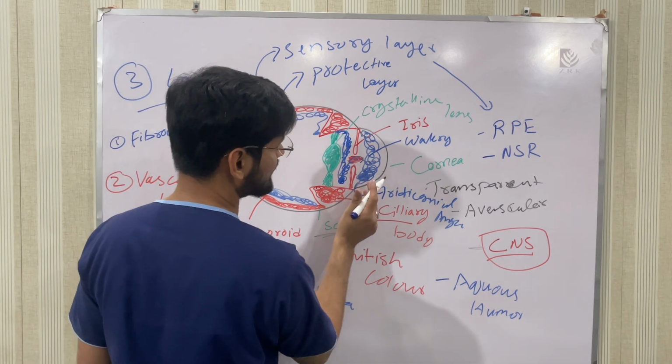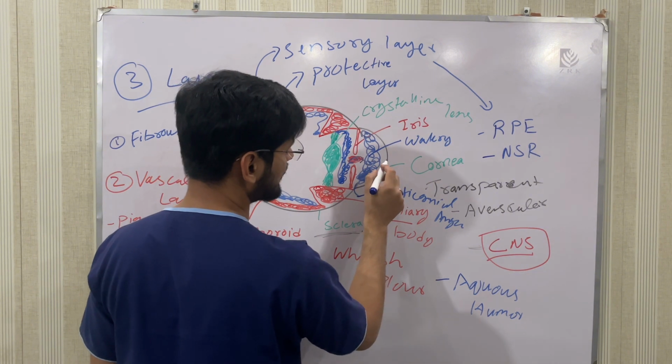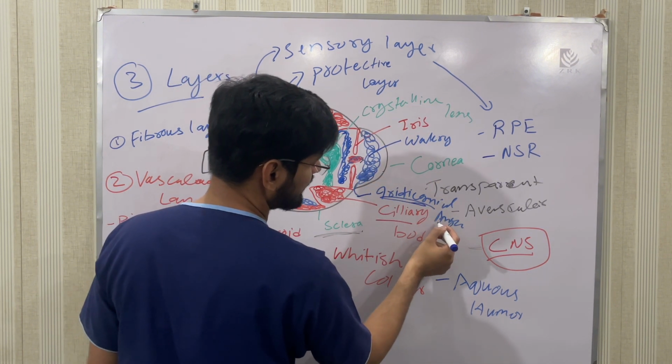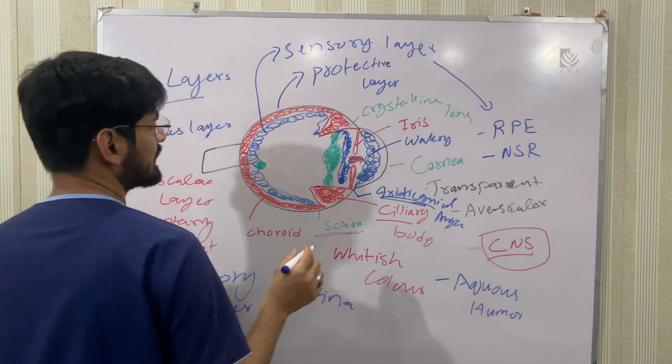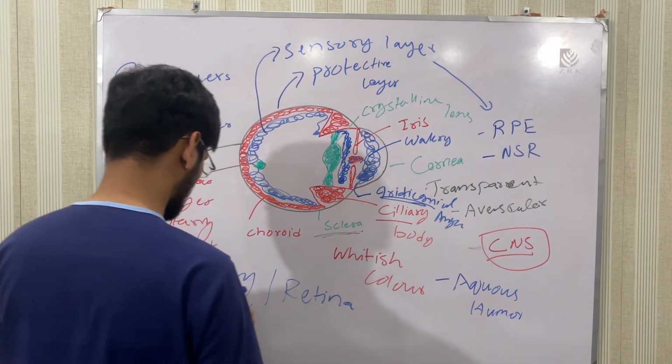From cornea to iris, this is called the anterior chamber. It comes here and provides nutrition to the cornea and drains from the iridocorneal angle. So this is the liquid and the optical structure which is present in our eye.